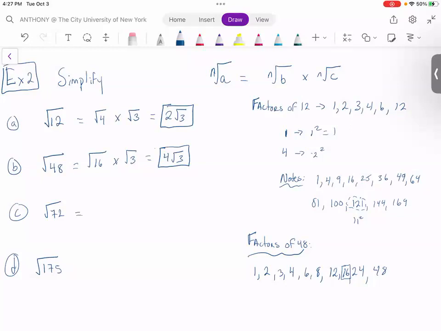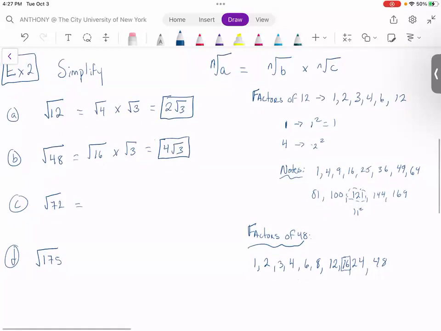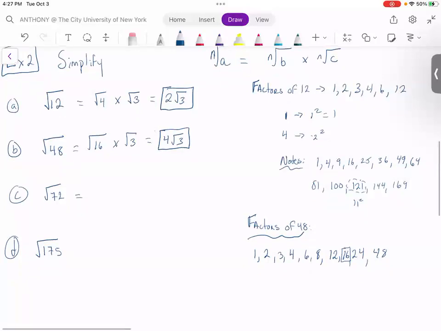Square root of 72. What you would like to do is think of all your factors of 72. So we can list them. What are some factors of 72? 1, 2, 4. Okay, well, let's write it as pairs.